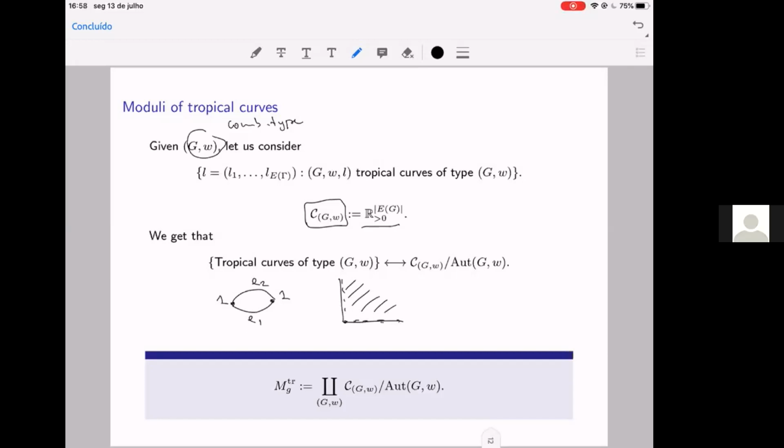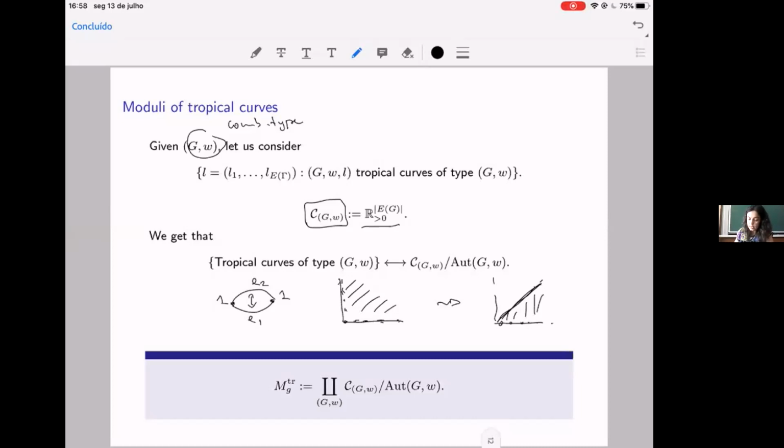It's bigger than 0, so this is open. Then there is an automorphism of your curve, which corresponds to switching the edges. They are just the same. So in the end, you get a parameterization of all tropical curves of this type if you consider this quotient. This would be open.